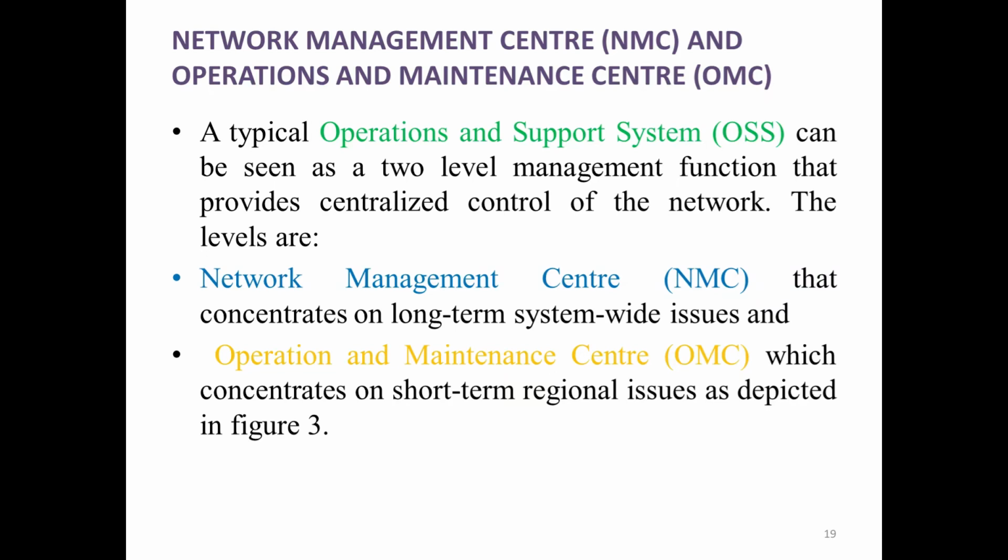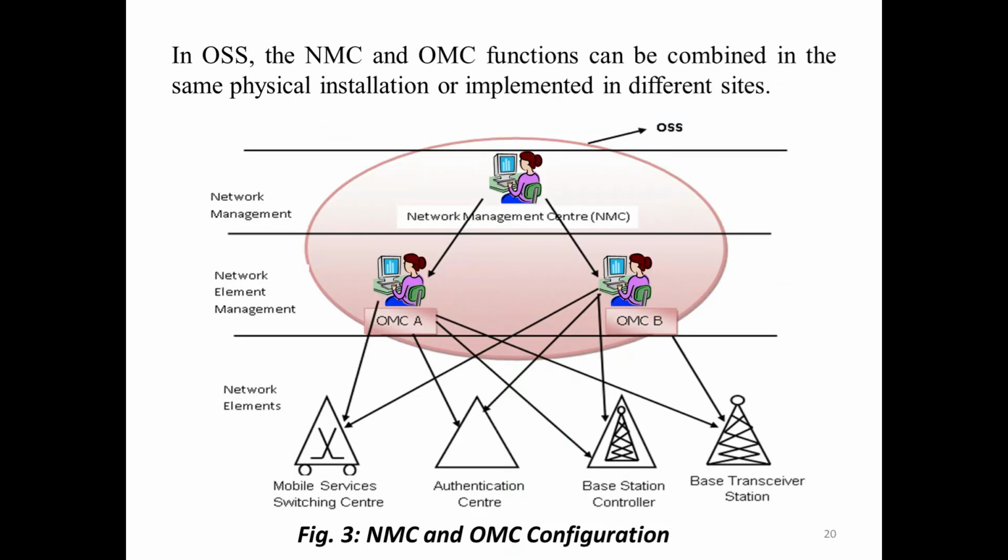Network management centers and operations and maintenance centers, OMC. A typical operations and support system, OSS, can be seen as a 2-level management function that provides centralized control of the network. The levels are the Network Management Center, NMC, that concentrates on long-term system-wide issues, and the Operation and Maintenance Center, which concentrates on short-term regional issues, as depicted in Figure 3.